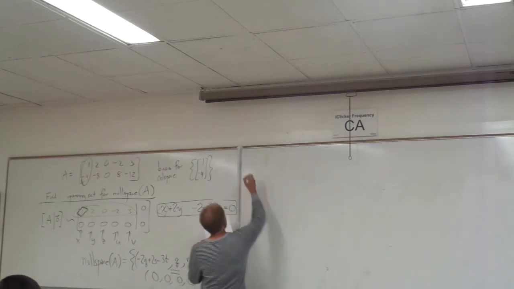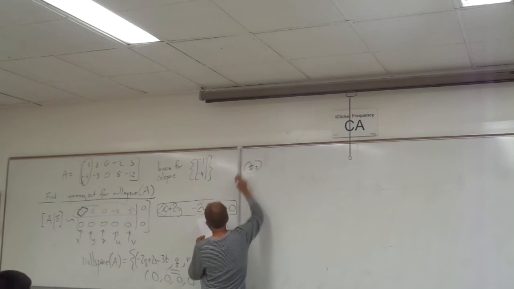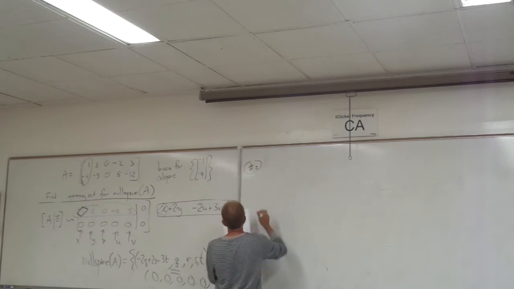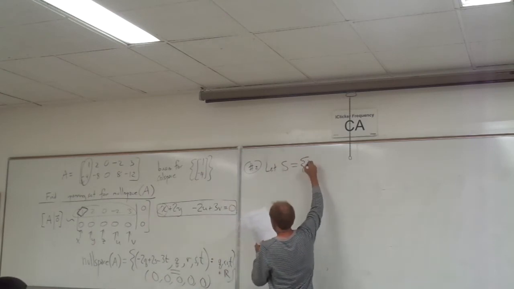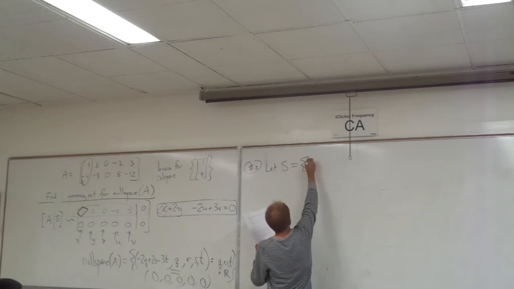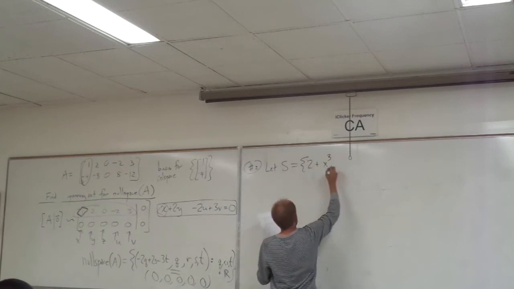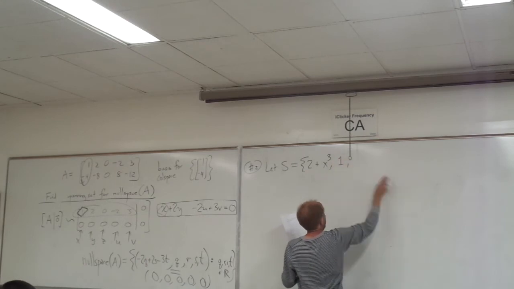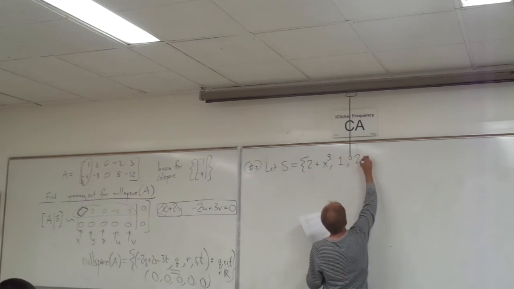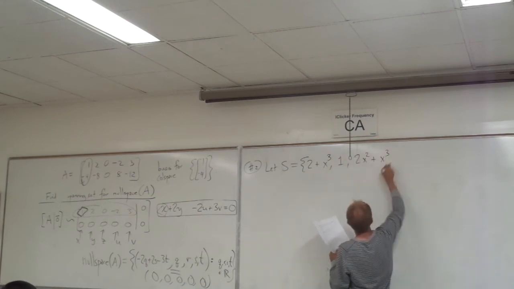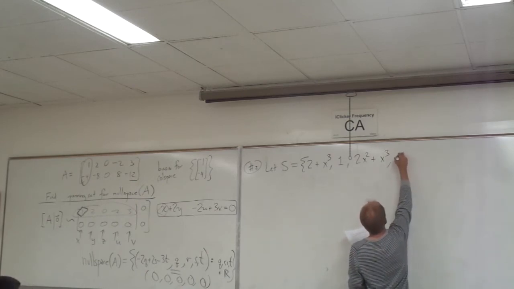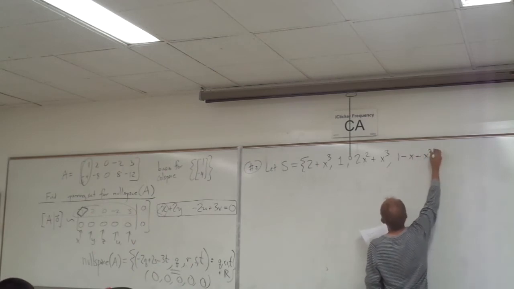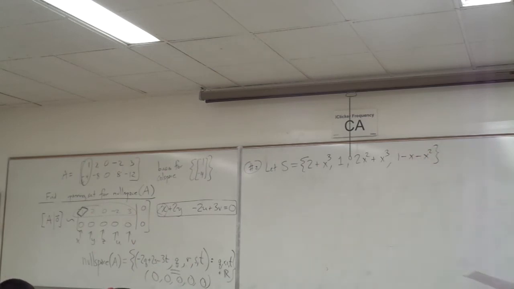Okay, so here's another problem. Number 2. Let S be the set 2 plus x cubed, 1, 2x squared plus x cubed, and 1 minus x squared. Let's take that set.